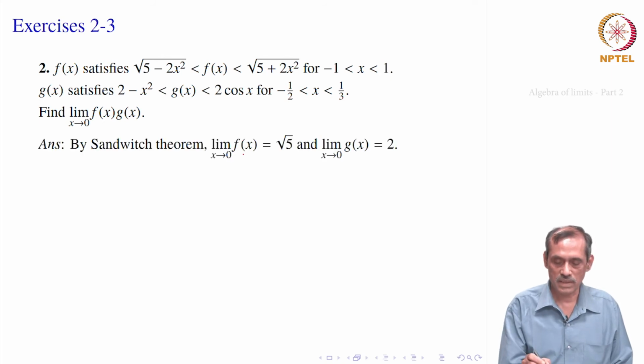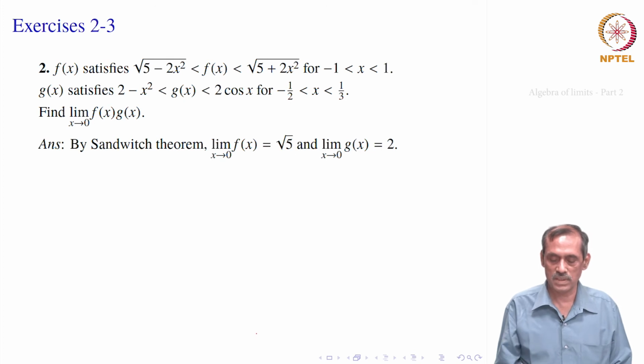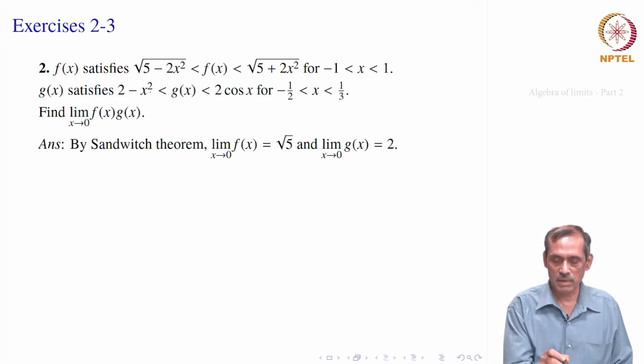Okay. So, what do we see? Since both the conditions hold, the limit of f x, we can see from the sandwich theorem as x goes to 0, is square root of 5. So, the limit of f x is square root of 5. Similarly, the limit of g x as x goes to 0 is 2 on the left side, and 2 on the right side, since cos x goes to 1.